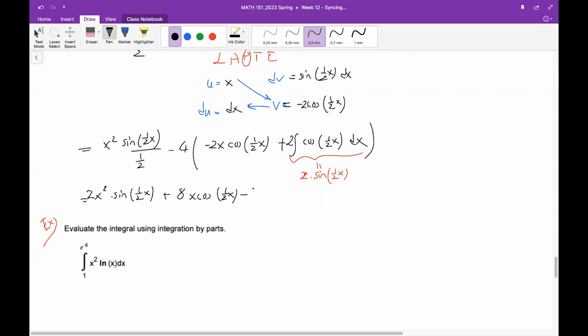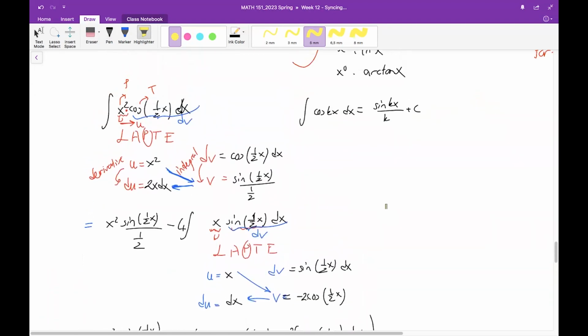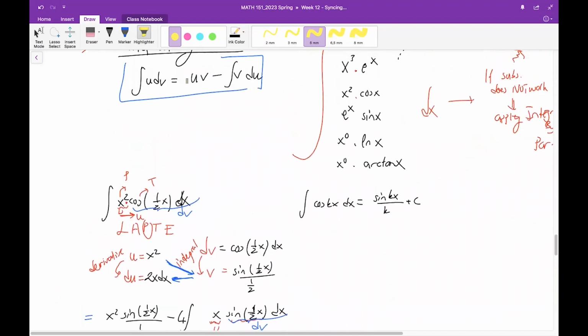Another 4, minus 16 sine of 1 over 2x, plus a big arbitrary constant C. Don't forget to put this one here because you are evaluating an indefinite integral, okay? This was the example.